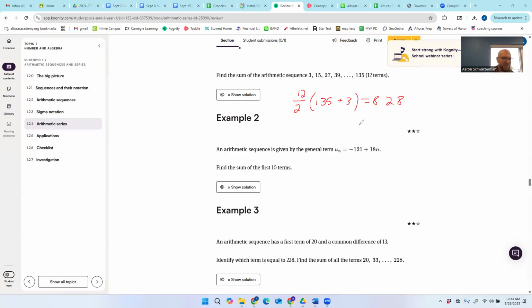That's pretty easy. You won't get that on an IB exam. It's too easy. So now we have an arithmetic sequence given by this. Find the sum of the first 10 terms. Okay, so first thing I need to do is get u sub 1. Then I need to get u sub 10.